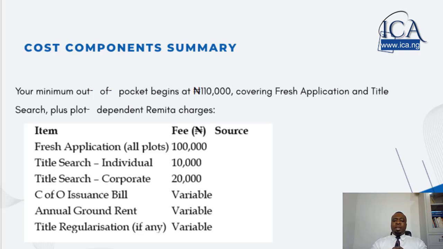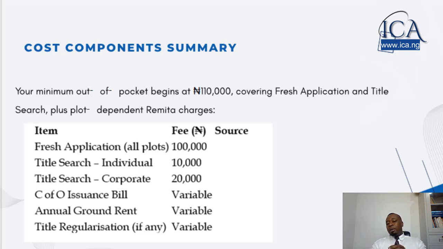Then with regards to the C of O issuance bill, it's based on the plot size and location. The same is applicable to the annual ground rent and also the title regularization. In this case, the system has already been programmed.